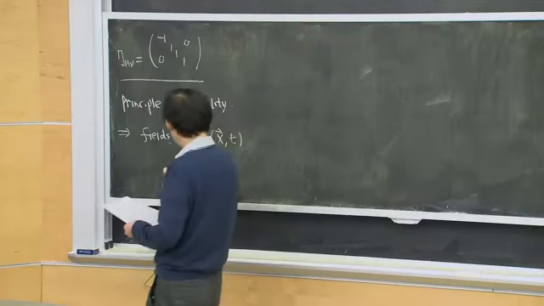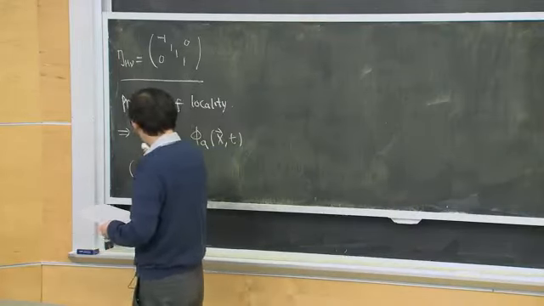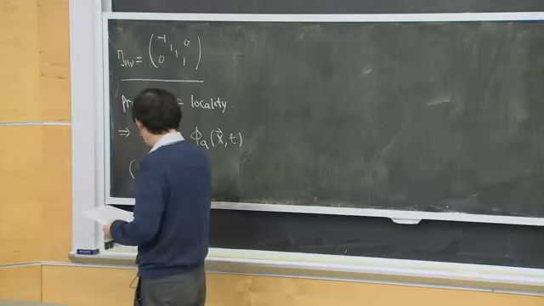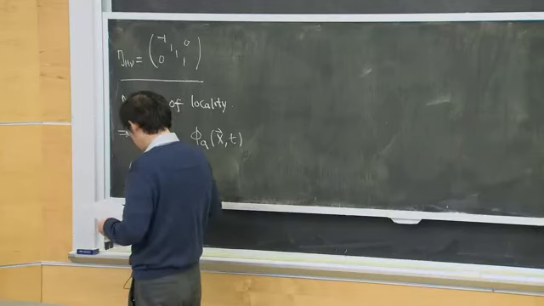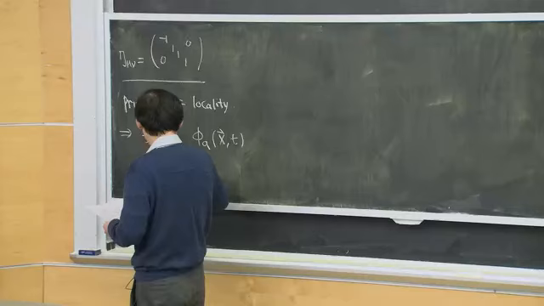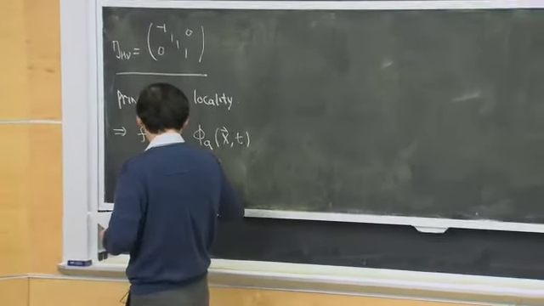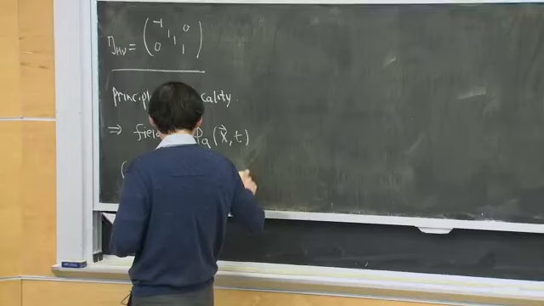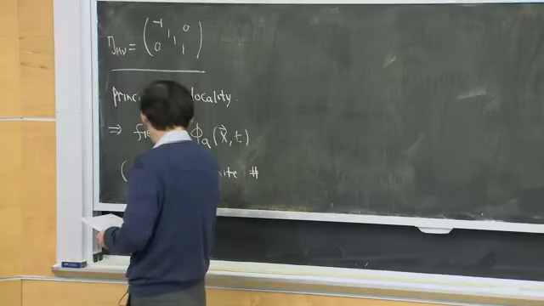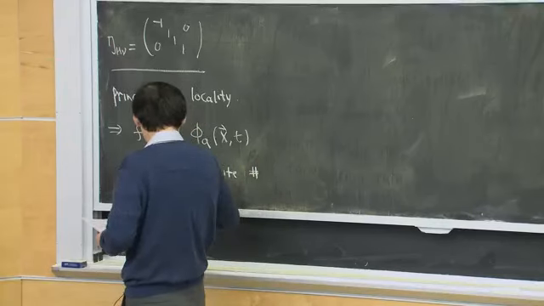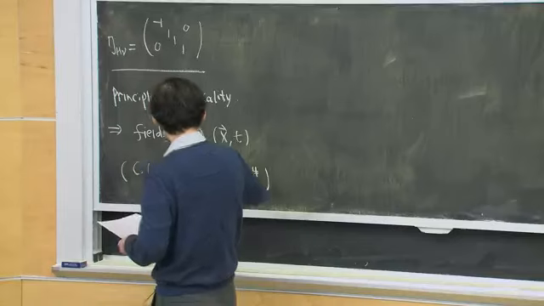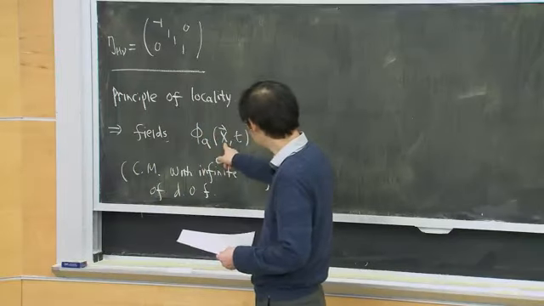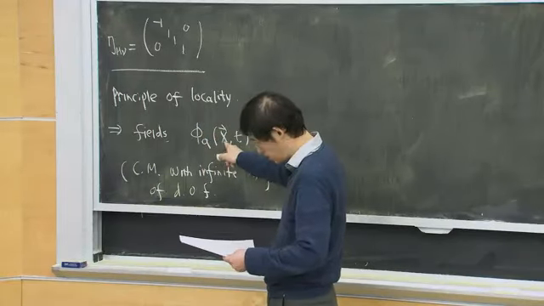Essentially, a classical field is like a classical mechanics degree of freedom, but now with an infinite number of degrees of freedom. So classical field theory is like classical mechanics, but with an infinite number of degrees of freedom, because now you have some finite number of degrees of freedom for each point in space-time.